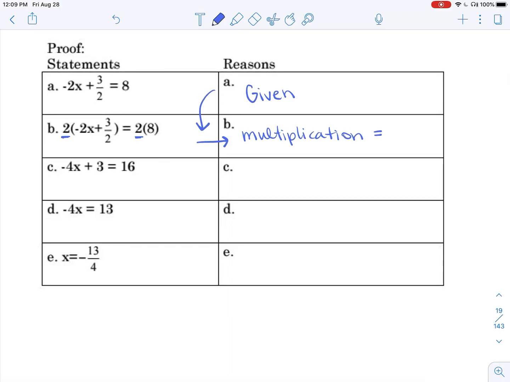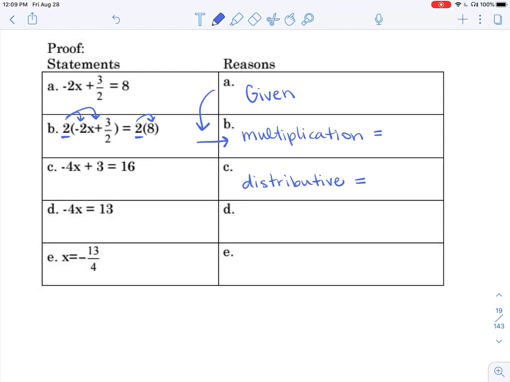Okay, so the next thing that we do, notice that those 2's are gone because we have multiplied them, but this isn't our multiplication property, it's something more specific. Whenever I multiply this 2 times everything on the inside, this is now our distributive property. Now, multiplication is the act of putting those 2's there, and then distribution is the act of actually doing the multiplication on both sides.